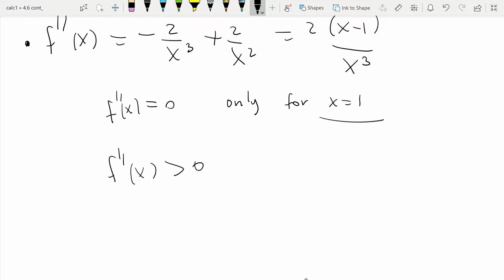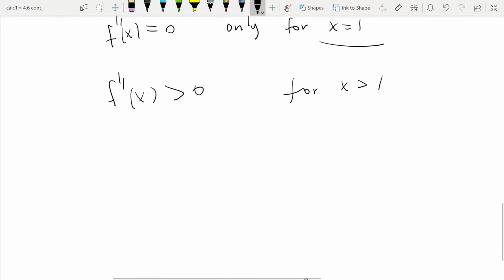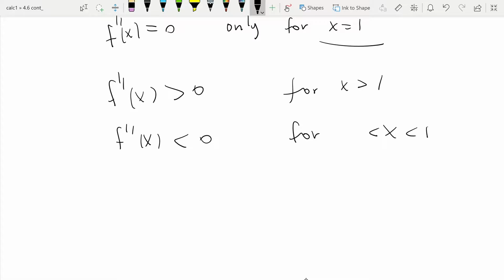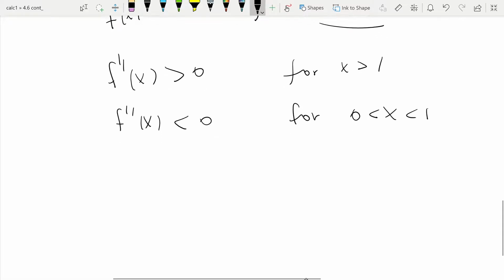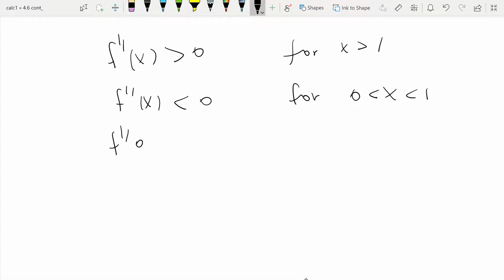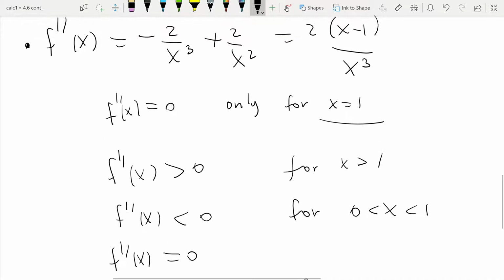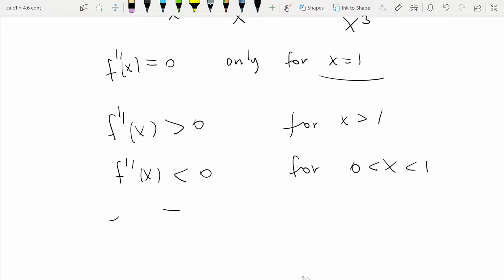So f double prime of x is positive for x greater than 1. f double prime of x is negative for x between 0 and 1. And f double prime is 0 only when x is equal to 1, which we already recorded.